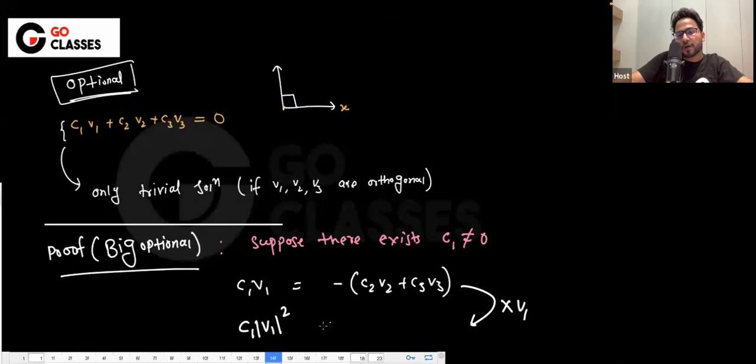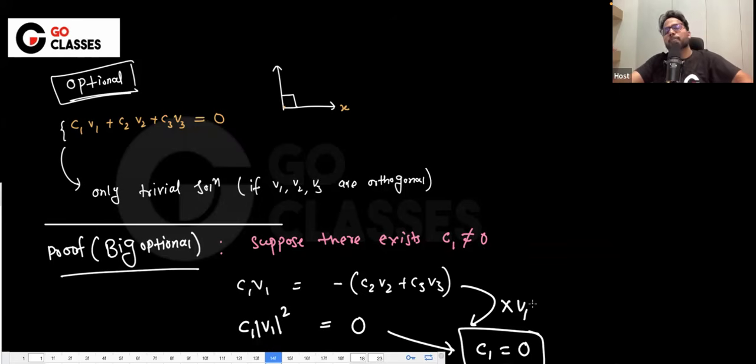Since they are orthogonal, multiplying by v1 will give 0 here and 0 plus 0, so it is 0 only. Since this is a non-zero vector, c1 will be 0 from here. So if you are saying that c1 is not equal to 0, then c1 has to be 0. This is a contradiction, which means c1 cannot be non-zero.